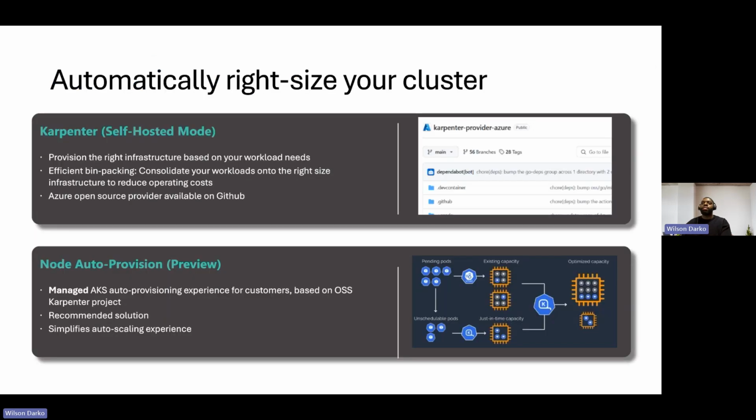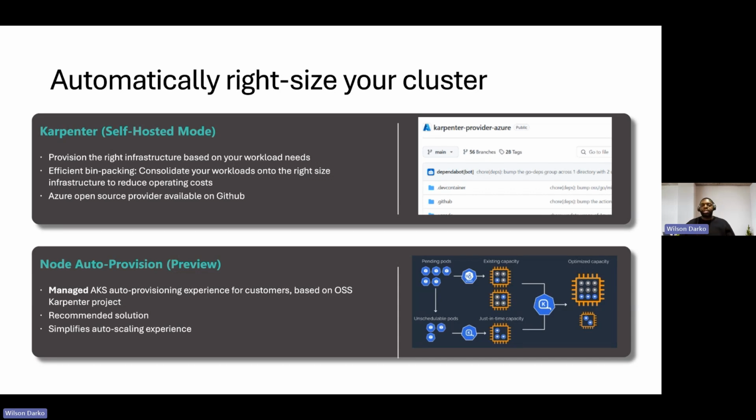Referencing the two types of Karpenter experiences on Azure, the most similar to what others might have experienced with traditional open source Karpenter is our self-hosted mode, available on our GitHub AKS provider, as you can see here.